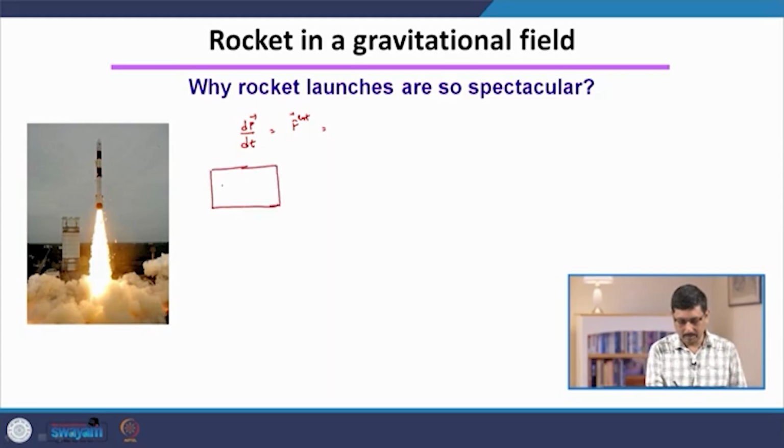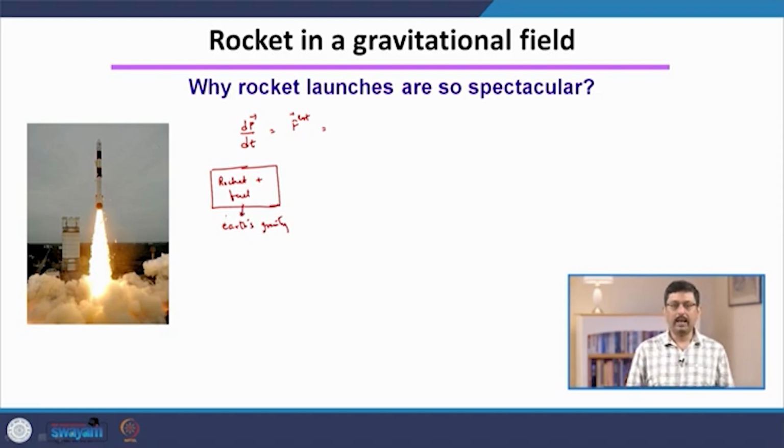Let us define the system. This is our rocket plus the fuel it carries, and in the surroundings there is Earth's gravity, and this is exerting a force. We are going to assume for simplicity that this is the only force, which is not true in real life.